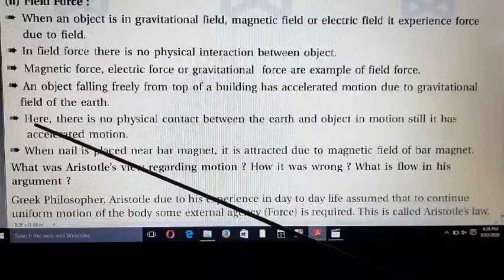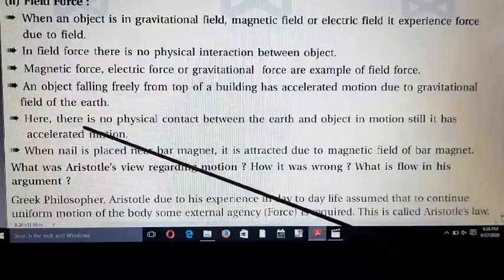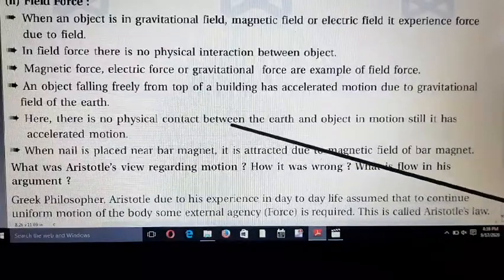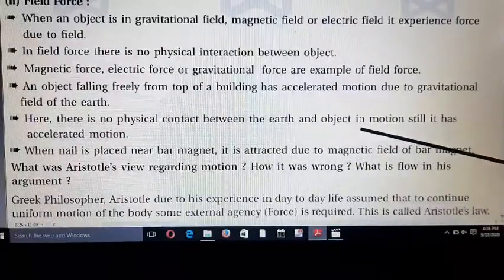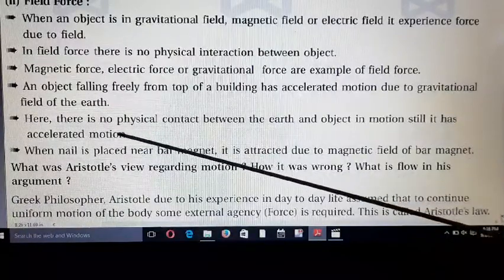Hence, there is no physical contact between the earth and the object in motion, still it has accelerated motion.